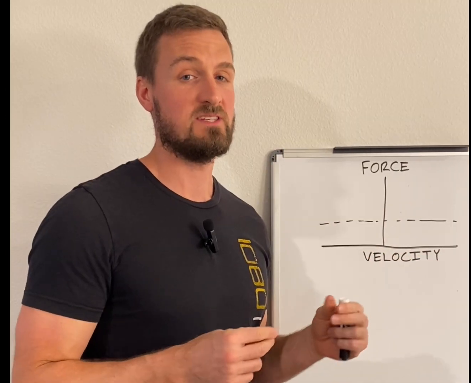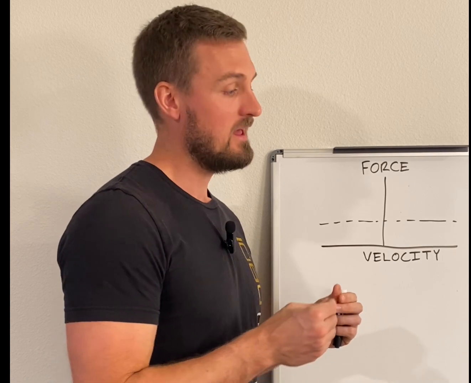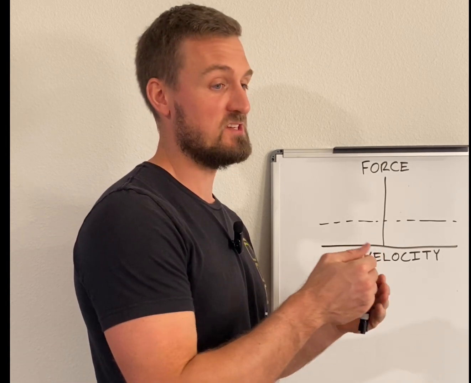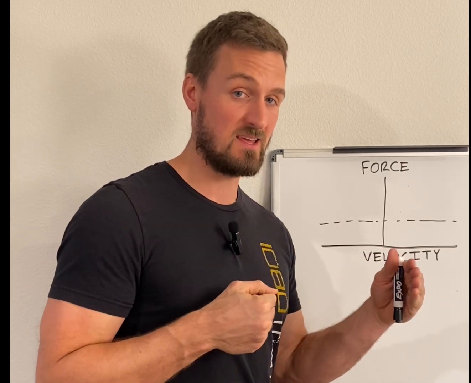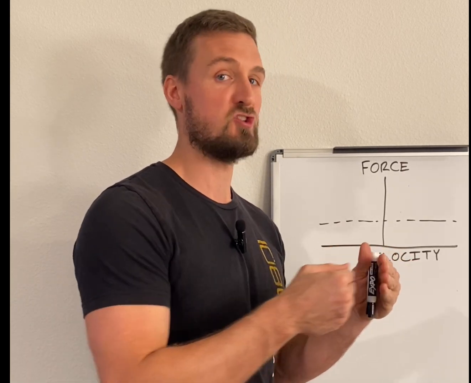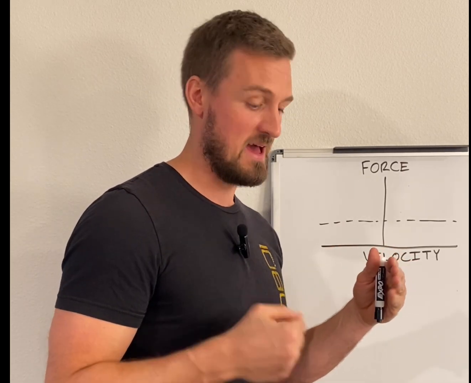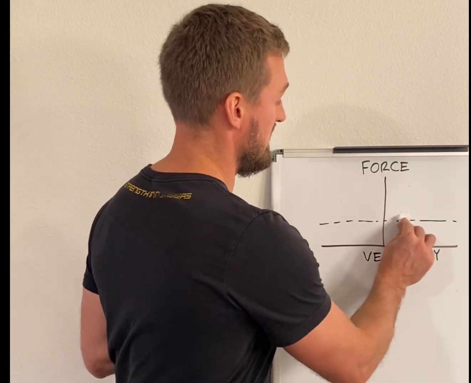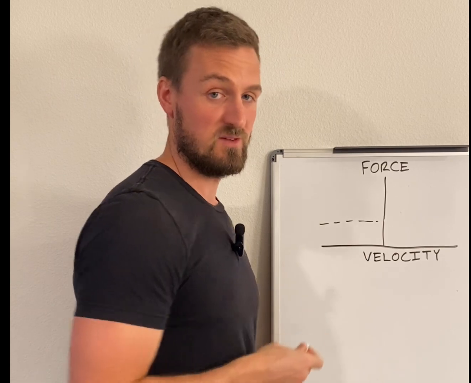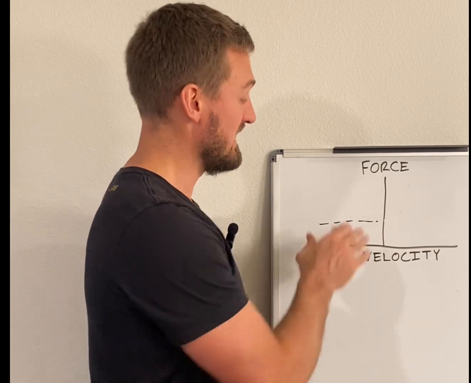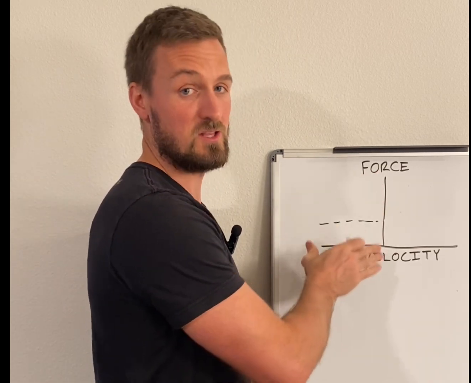So if titin was a simple spring and it only engages when the muscle is activated and then forced to lengthen, then that would only show up during lengthening action. And so then that line would only show up on the left side of the force velocity curve. There would be an increase in force specifically on the left side.